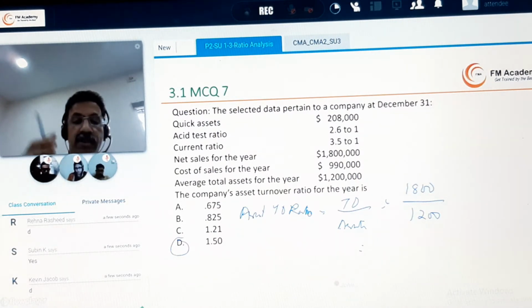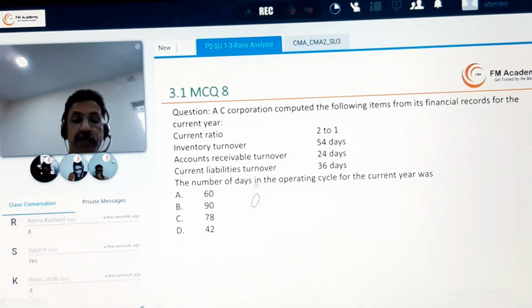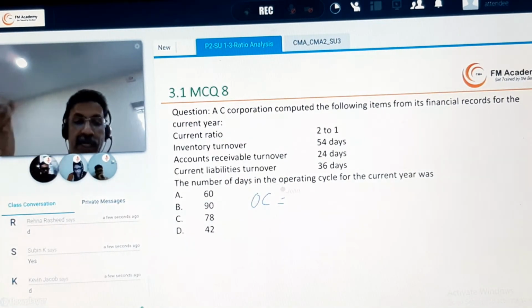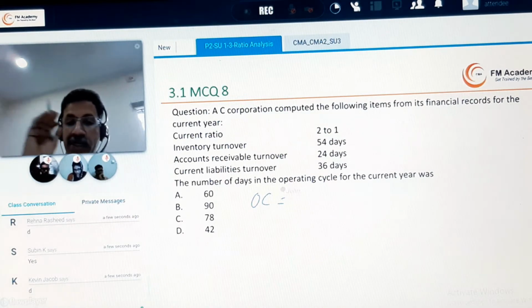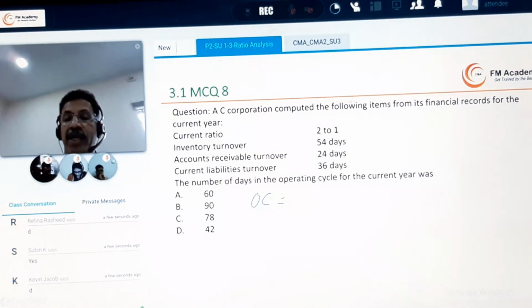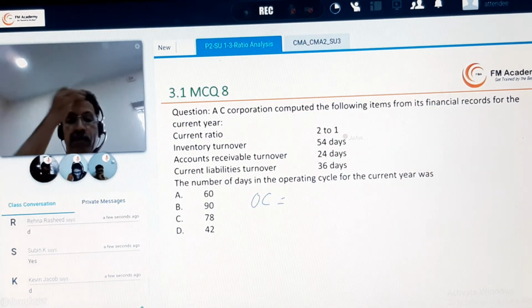Then the number of days in the operating cycle for the current year. What is operating cycle? You have to look at whether it is a trader or a manufacturer. Depending on that, the ingredients of the operating cycle can change. So read the question. SE Corporation computed the following items from its financial records for the current year: current ratio, inventory turnover, account receivable turnover, and current liabilities turnover.